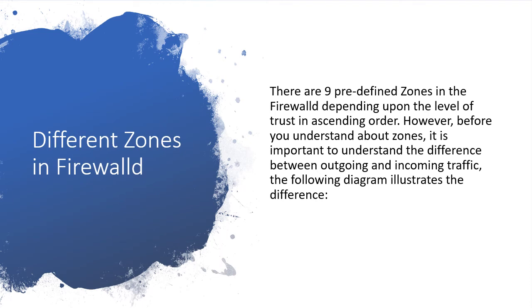Different zones in Firewalld. There are 9 predefined zones in Firewalld depending upon the level of trust in ascending order. However, before you understand zones, it is important to understand the difference between outgoing and incoming traffic. The following diagram illustrates the difference.